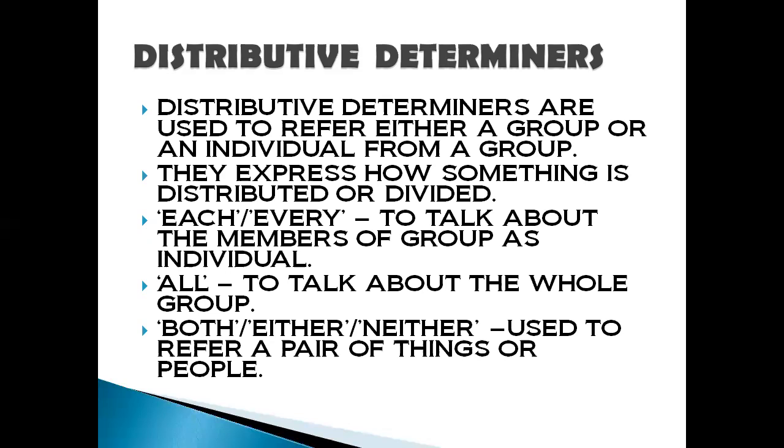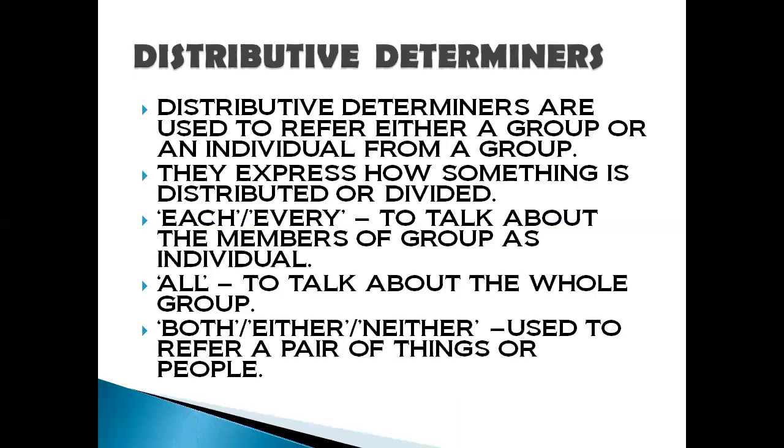Each and every are used to talk about the members of a group as individuals. When we take out an individual from a group, we use each or every, like each of the girls is wearing a pretty pink band. All is used to talk about the whole group. In the same way, both, either, neither are used to refer to a pair of things or people. These are all the examples of distributive determiners.